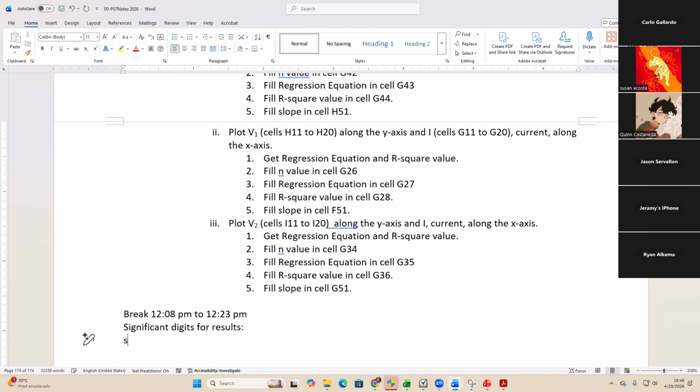Summation and subtraction: the result must have the least number of decimal places.